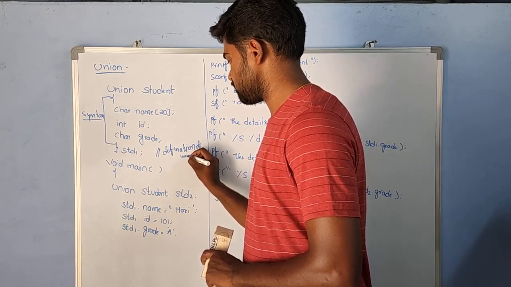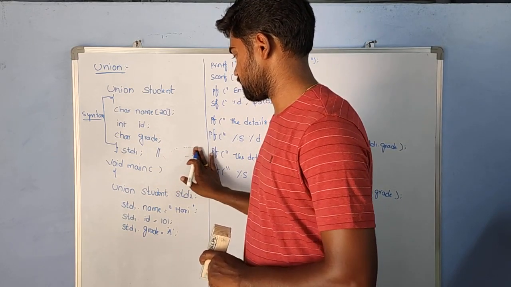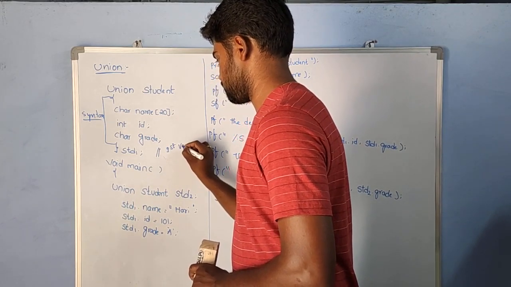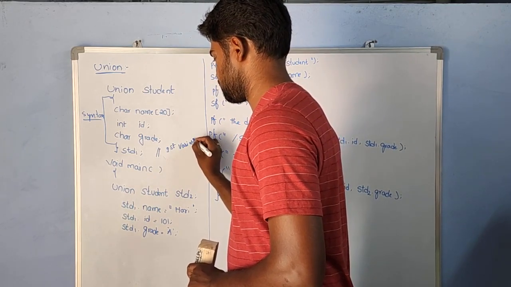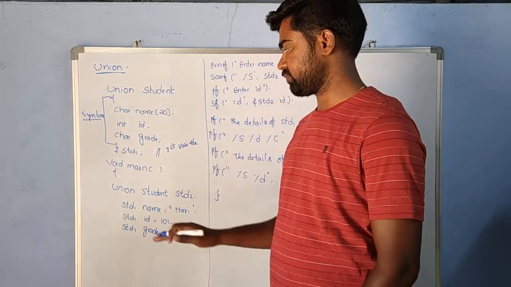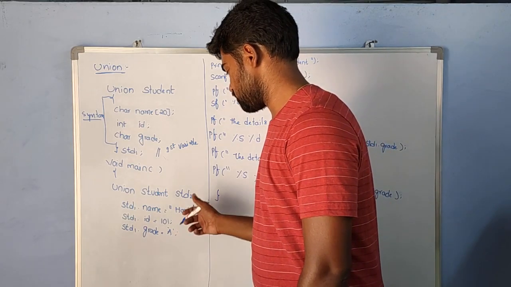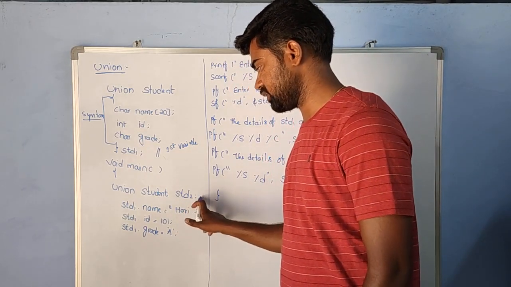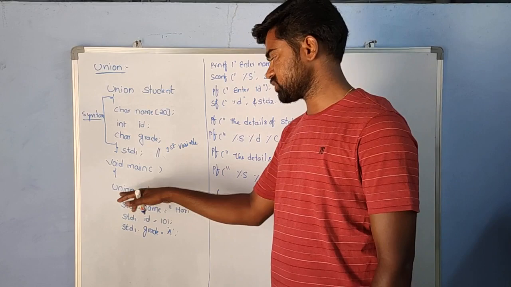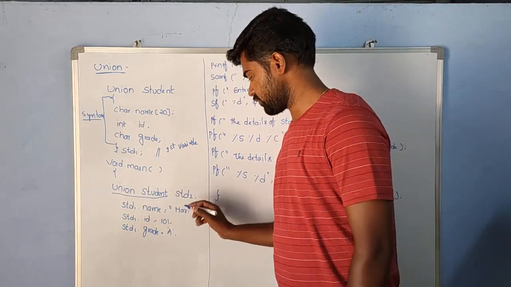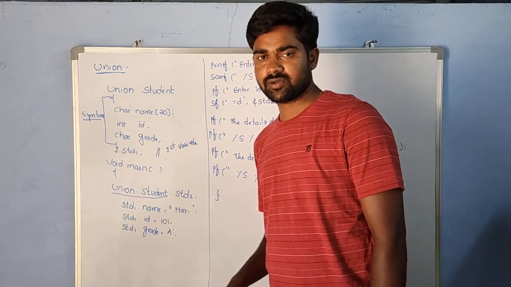This is the first variable of this union by using a definition. Next, we created another variable here in the main section, by using the keyword union and union name student, so we created a second variable called std2.